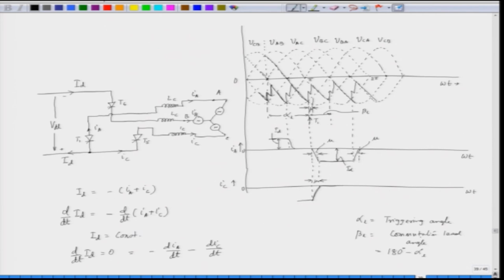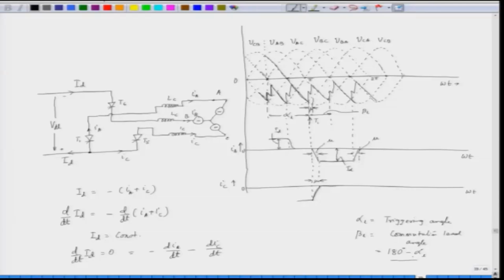which is 180 degree minus alpha L. It means when we are triggering an SCR in an inverter thyristor, there is some angle which is available for the successful commutation. That angle is beta L, and again we have an overlap angle. So, this beta L is 180 degree minus alpha L, this is called the commutation lead angle.